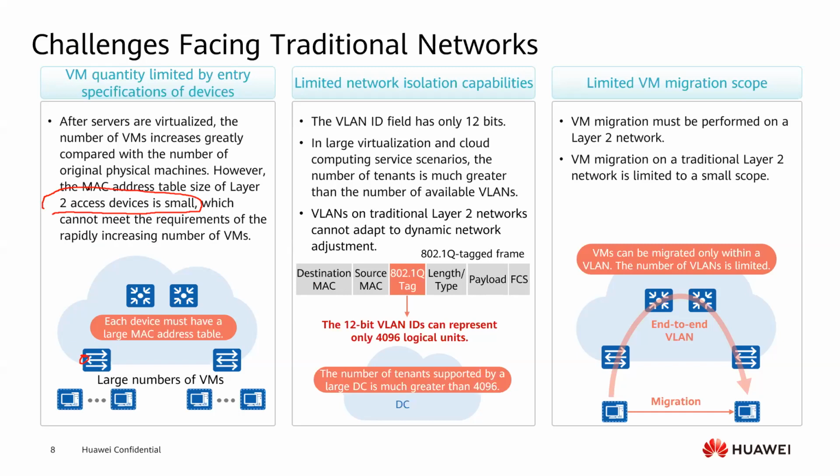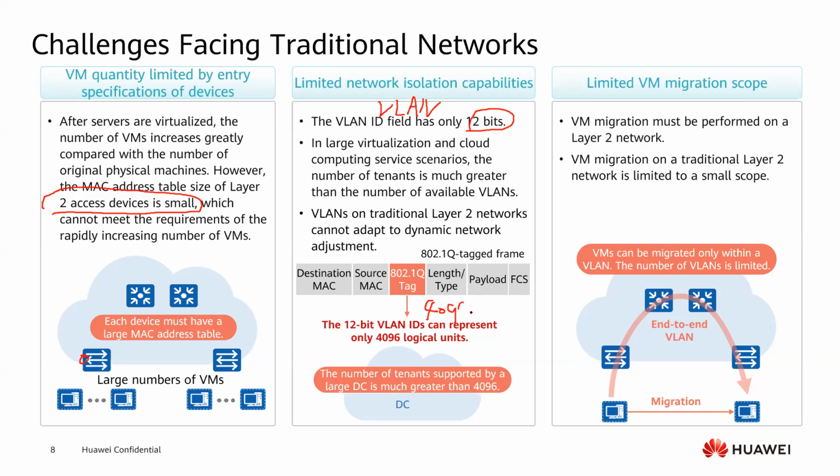The second problem is the isolation capability of traditional technologies. For VLAN, we all know the VLAN ID only has 12 bits, and that is the number range we can use for the VLAN ID.